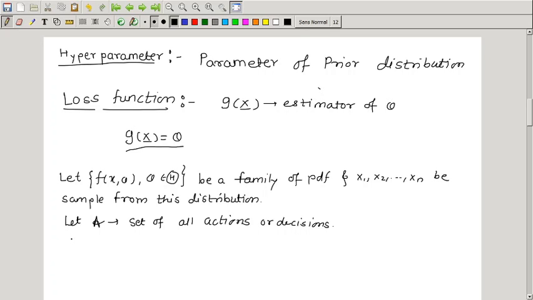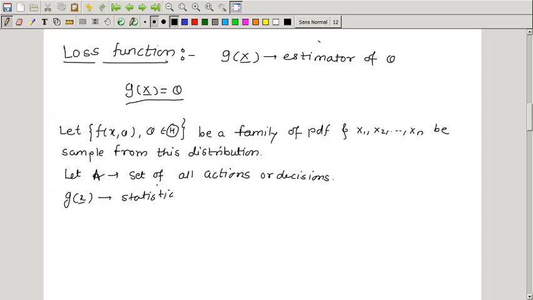A decision function g of x is a statistic that takes values in A, and your g of x is a Borel measurable function that maps R into A. That is, let A be an arbitrary space of actions.